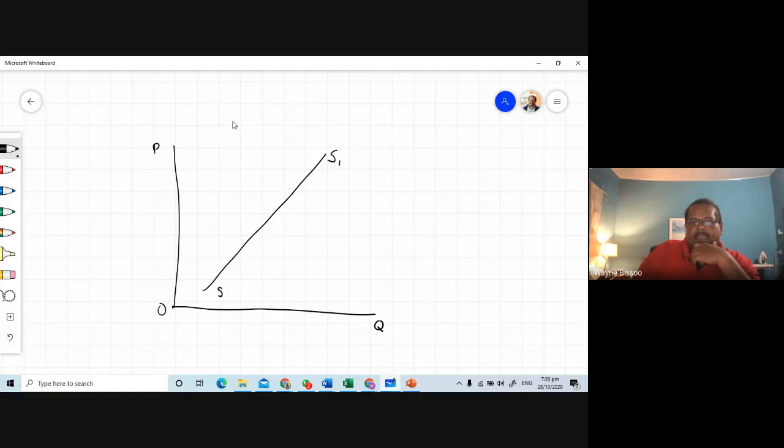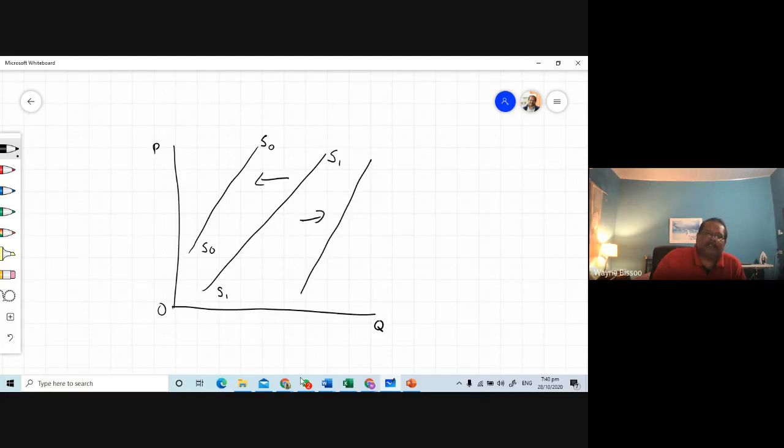If the factors of production now cost more, then the firms in the market will probably only be able to produce less. So the supply curve is going to shift to the left from S1 to S0. If factors of production become cheaper, then you would shift to the right like this, so you'd move to S2. That makes sense? That's with factors of production.